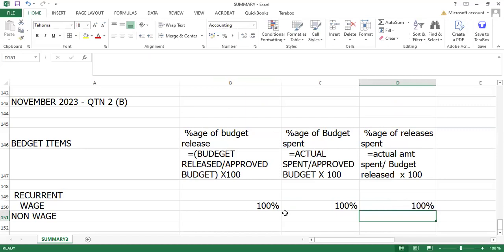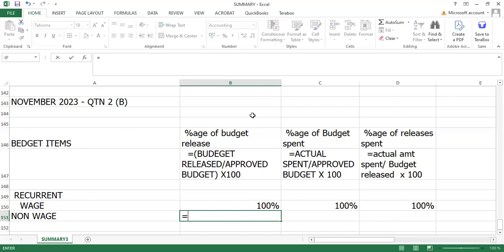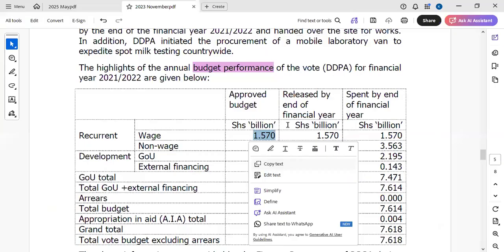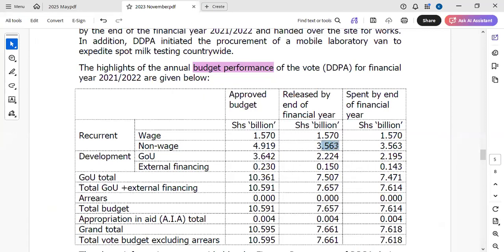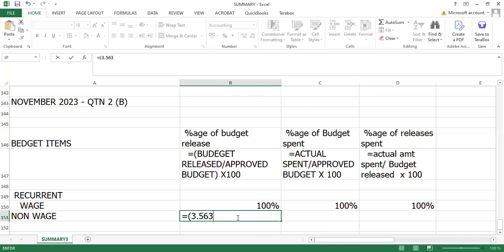But when you look at non-wage, it will be what? The budget released is how much? The amount released, it was this. So get this figure. Get what was released divided by what was approved. What was released is this, divided by what was approved.